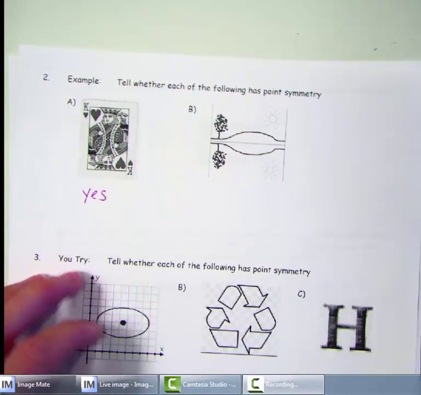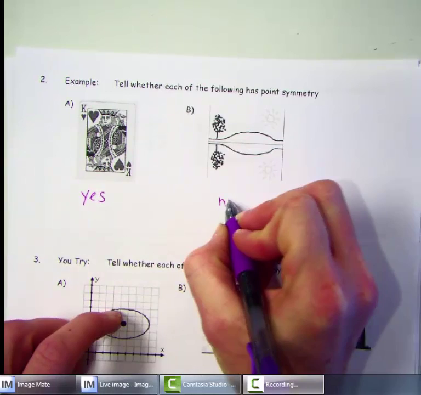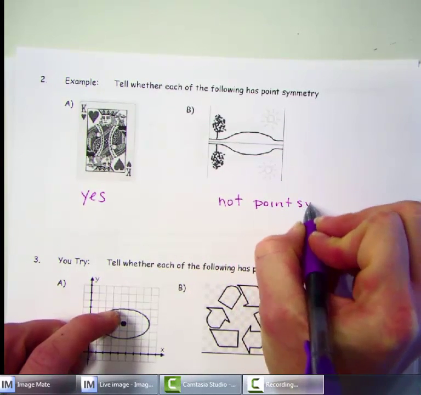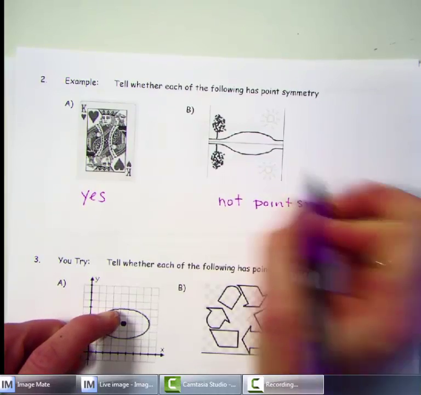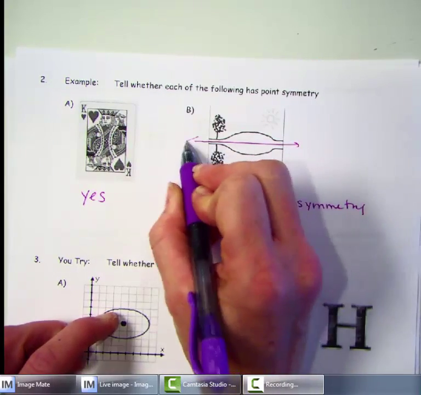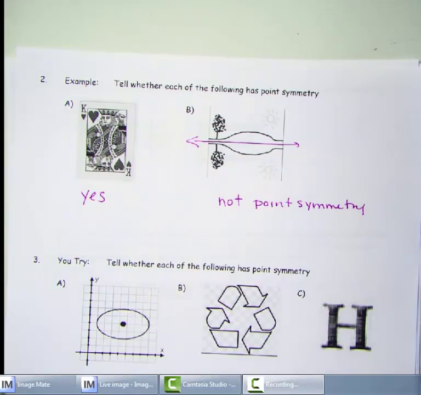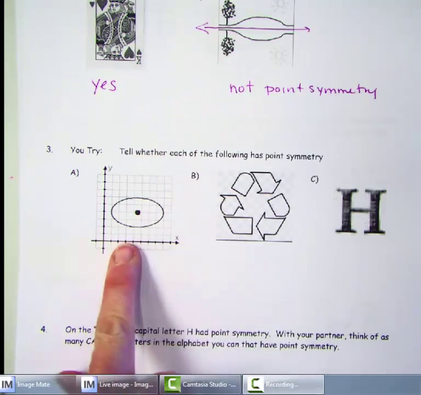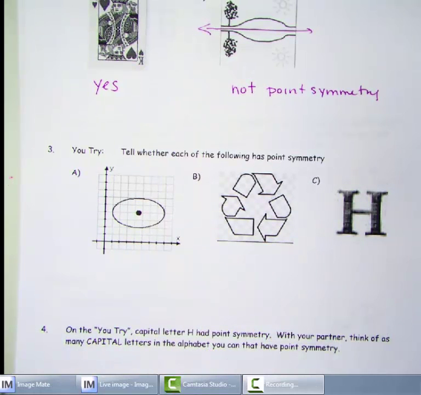So this is not an example of point symmetry. It does, however, have line symmetry. What I'd like you to do, please, is pause this video and try these three, deciding if it has point symmetry.